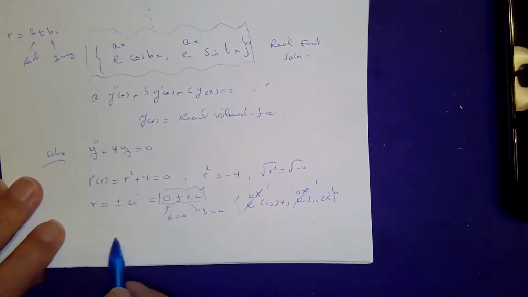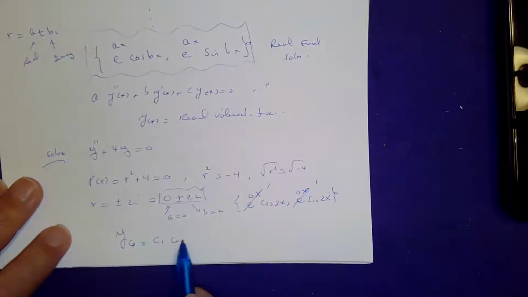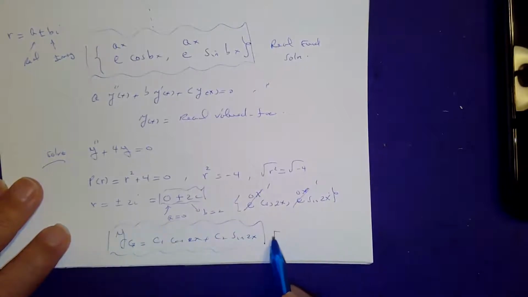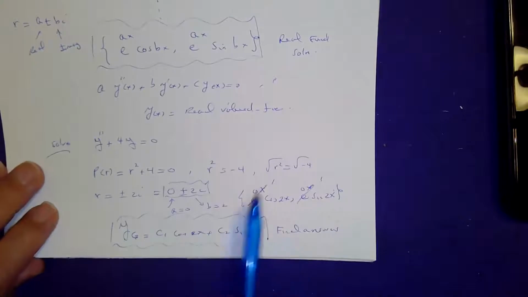So the general solution, y sub g, is a linear combination of what I have inside the braces, which is C1 cosine of 2x plus C2 sine of 2x. Ladies and gentlemen, this is my final answer. Sometimes, like last semester in the class, somebody left the fundamental solutions as a final answer.